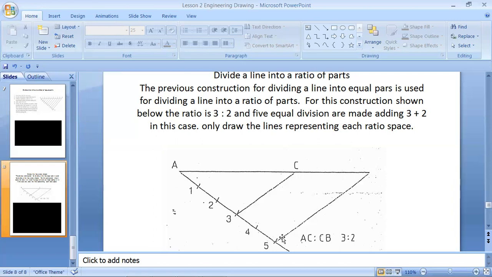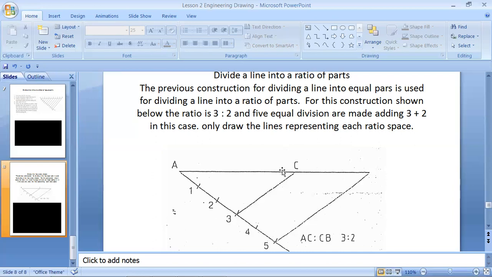You slide the set square, counting 2 divisions, 1 and 2, and you draw this line 2. Then you slide the set square, counting 3 divisions, 1, 2, 3. Because there is no other ratio value in front of 3, you don't need to draw any line.